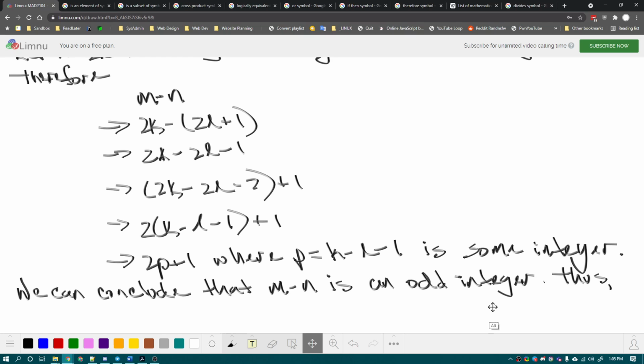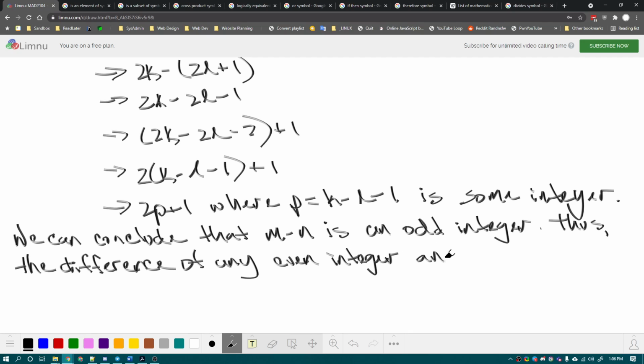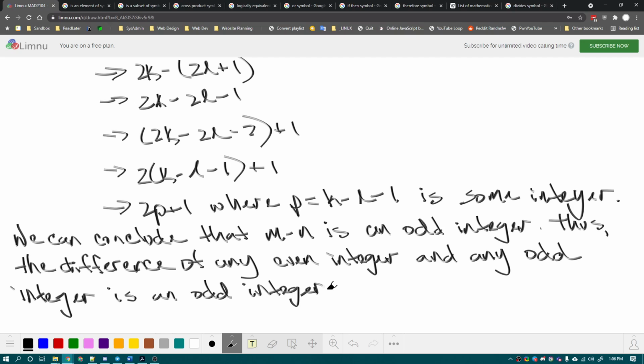Thus, the difference of any even integer and any odd integer is an odd integer. QED, we're done. That's it, guys.